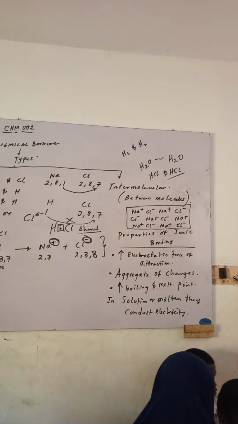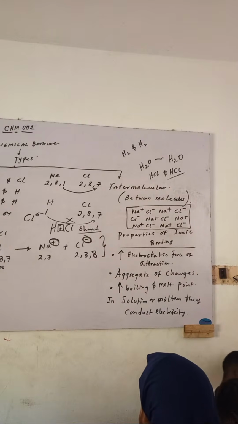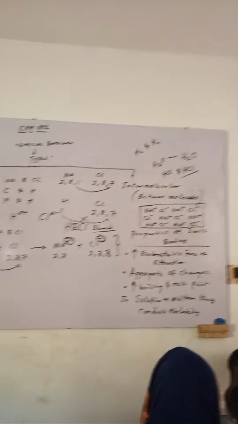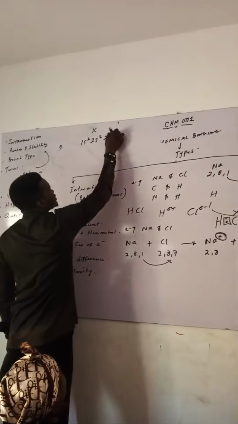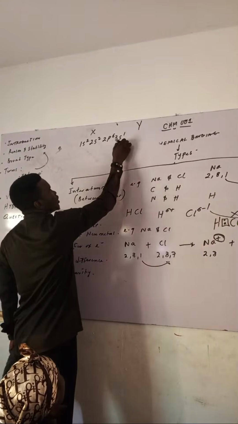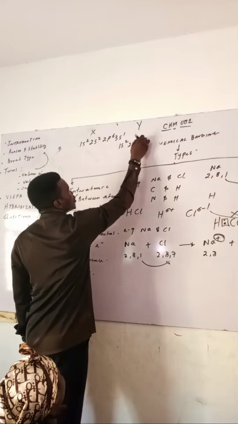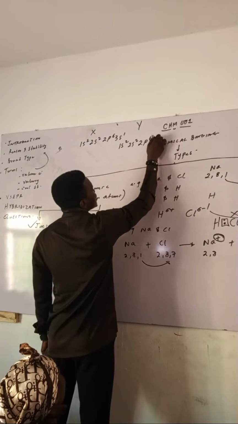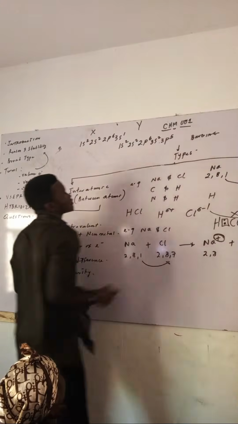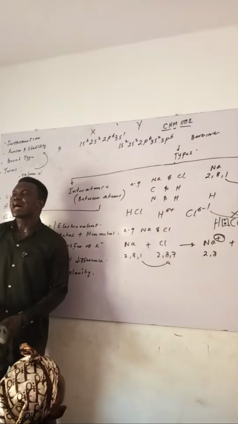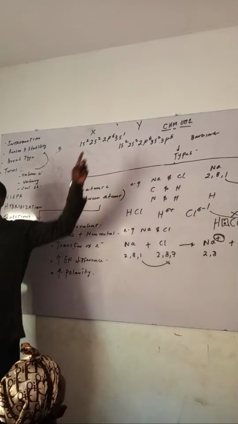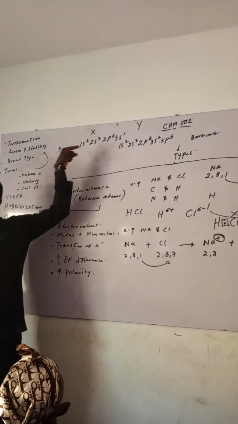Element X has 1s2, 2s2, 2p6, 3s1, and element Y has 1s2, 2s2, 2p6, 3s2, 3p5. They ask what formula is formed by these.